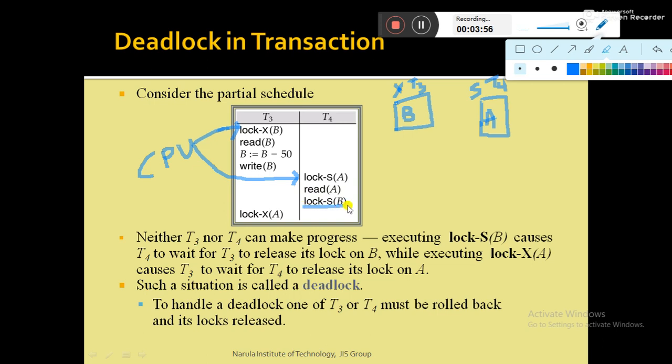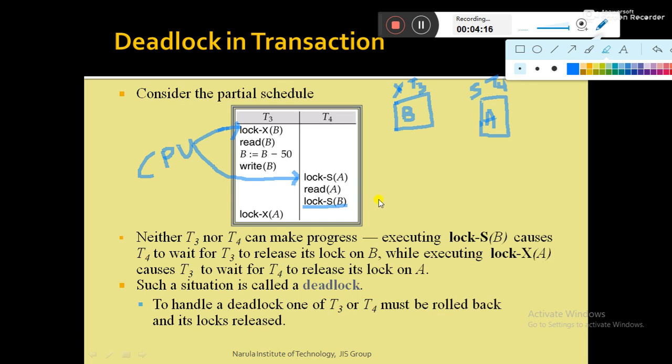Next, concentrate on that line. Again T4 makes a lock request, and this time the lock request is made on the data item B, and the requested mode is shared mode. So the same thing is going to happen.